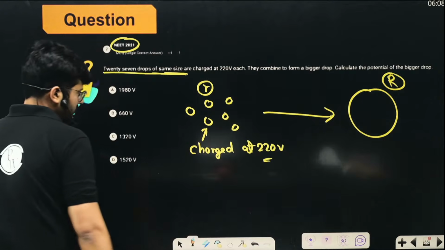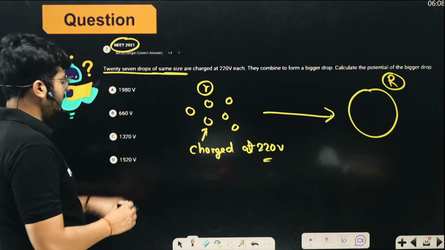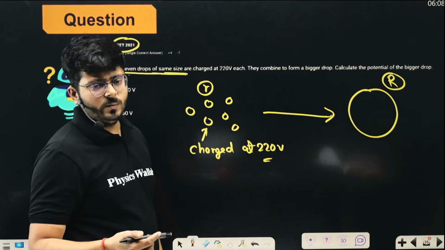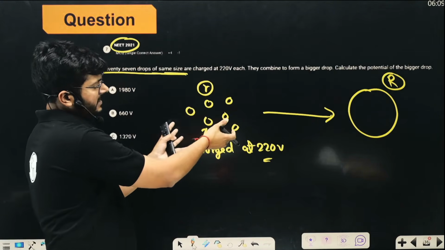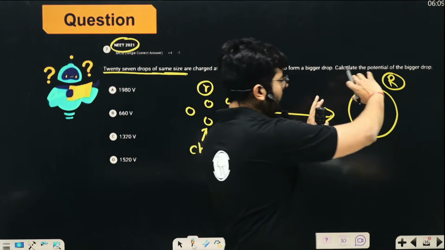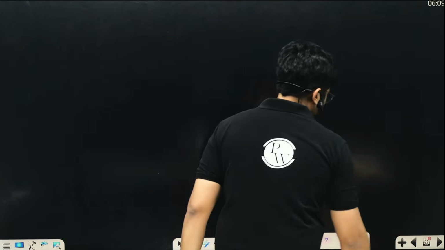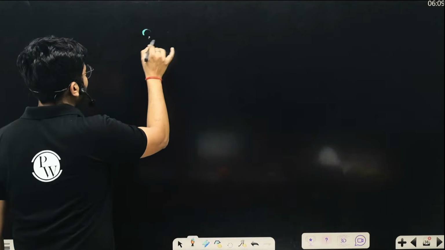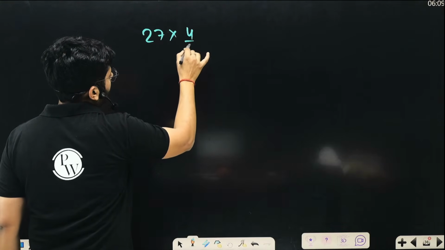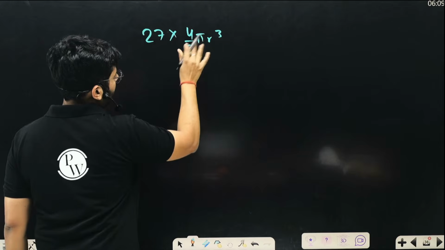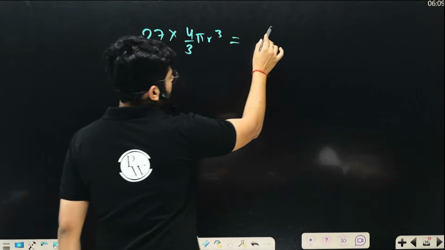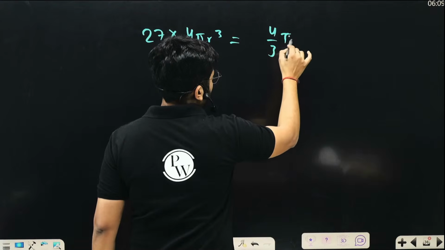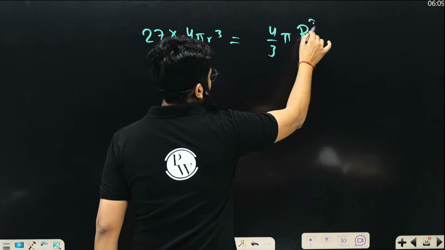Okay, so think about it. Here we have 27 droplets. What will not change? We can say the volume will not change. The total volume of 27 droplets and the total volume of one bigger droplet will be the same. So over here we can say 27 times 4/3 π r³, which is the volume of a single small droplet, is the same as 4/3 π R³, right?